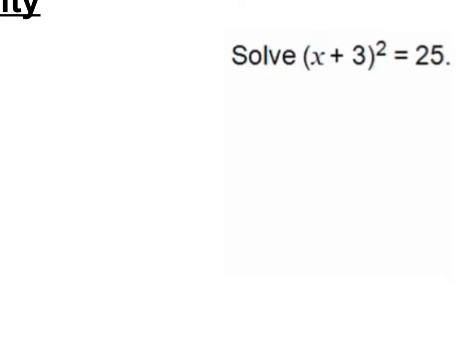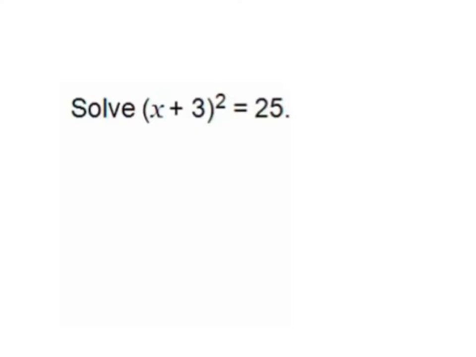And we could do something like this over here. The same thing applies. If I have the quantity x plus 3 quantity squared is equal to 25, to solve this, and this is what makes this process so unique and will always work, when I take the square root of both sides, I just get x plus 3, and this is equal to plus or minus 5.